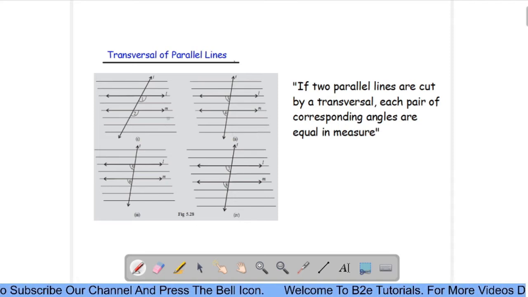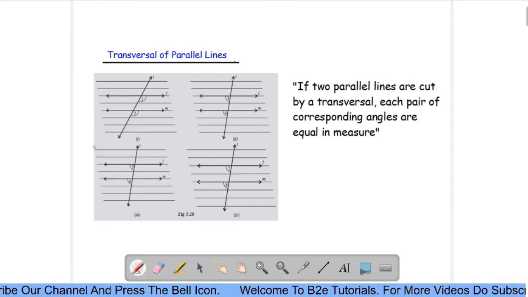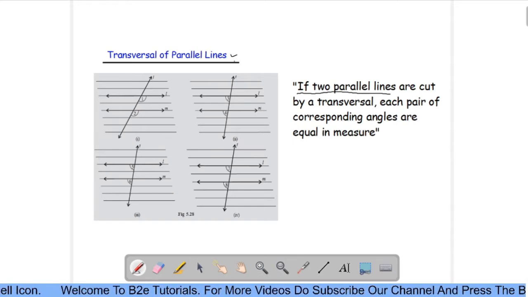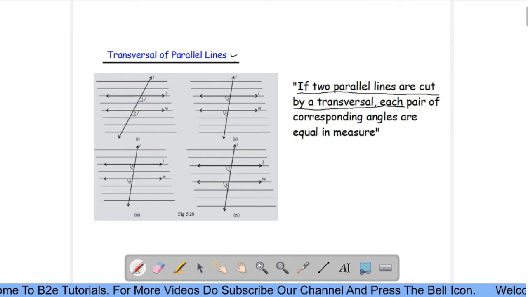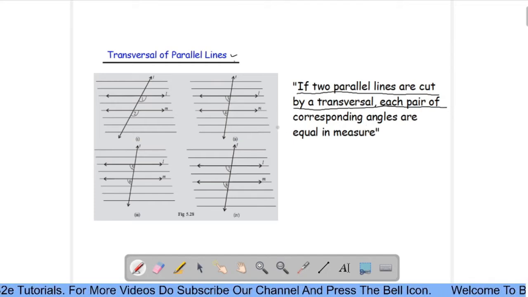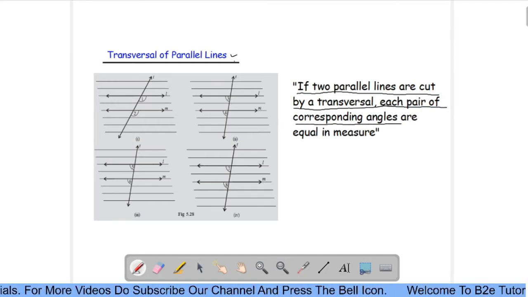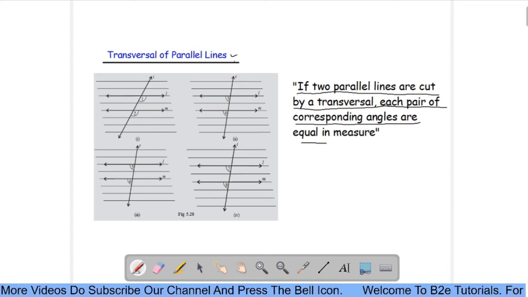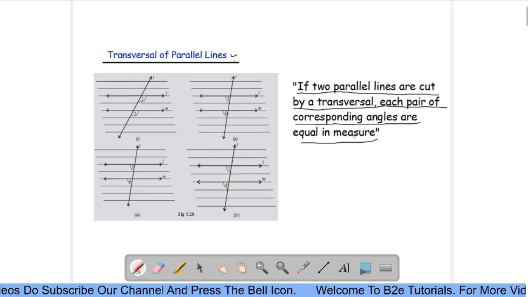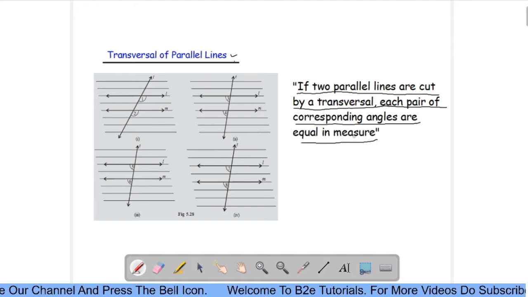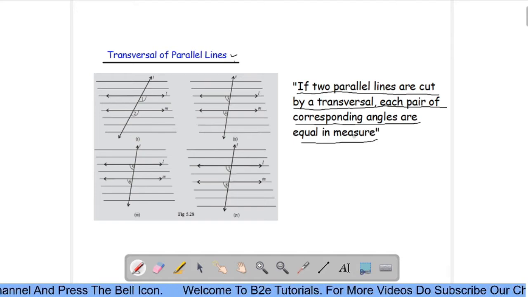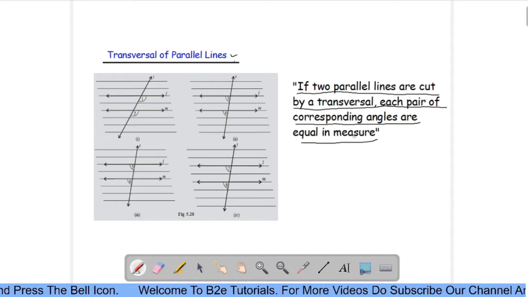Transversals of parallel lines. Here, if two parallel lines are cut by a transversal, then each pair of corresponding angles are equal in measure. That is, in case of parallel lines, if parallel lines are intersected by a transversal, then pair of corresponding angles are equal.